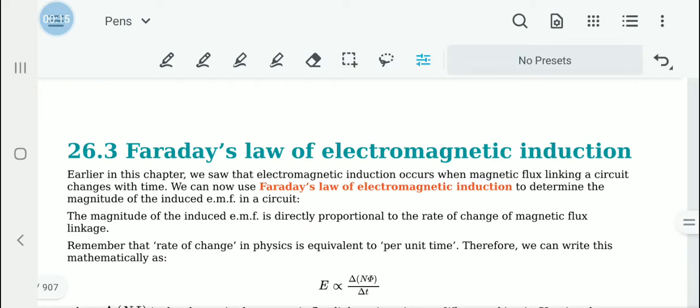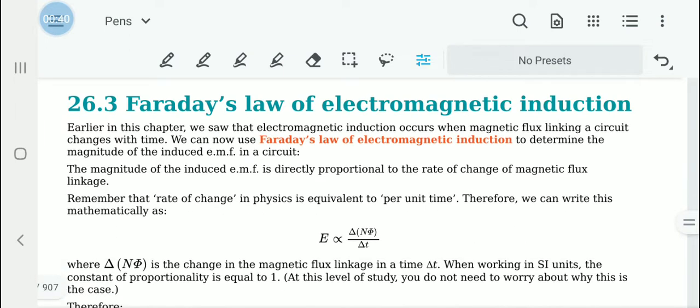Now we know that when a magnetic flux changes with time, electromagnetic induction would occur. So this EMF can be calculated by using Faraday's law of electromagnetic induction.